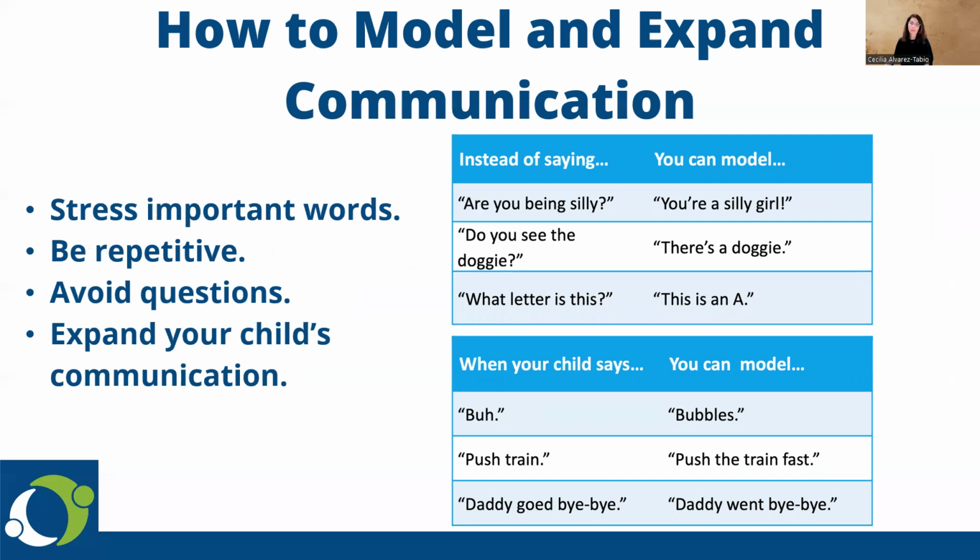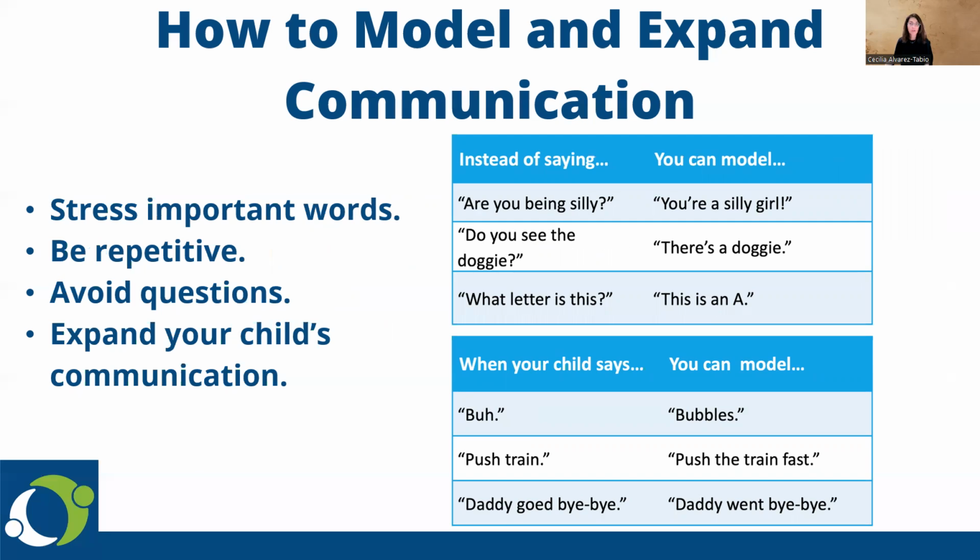Emphasize important words in a sentence to draw your child's attention to them. You can also add a gesture when you say important words to emphasize the word and its meaning. For example, you can say, "You have a big ball," while making your arms into a big circle. Children learn better when they hear something many times.